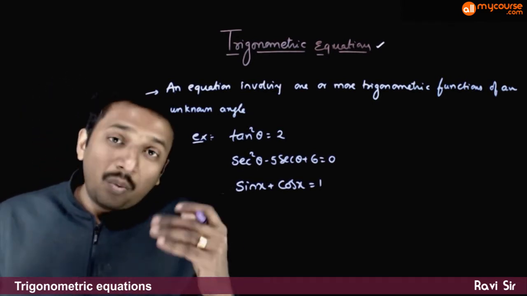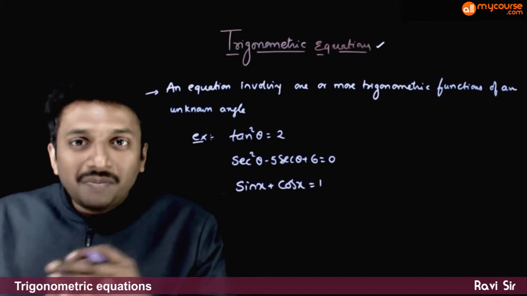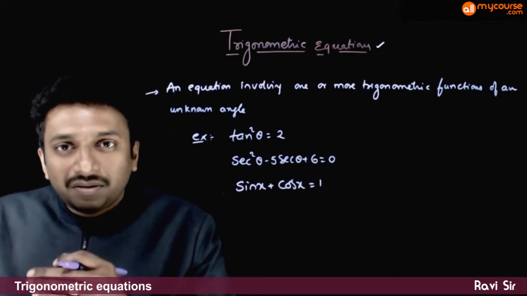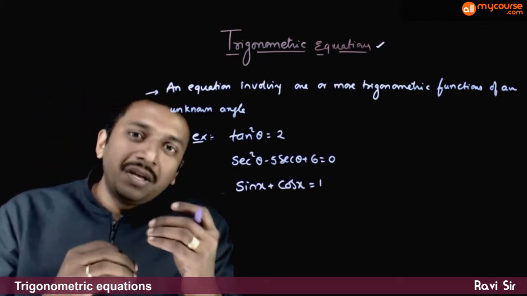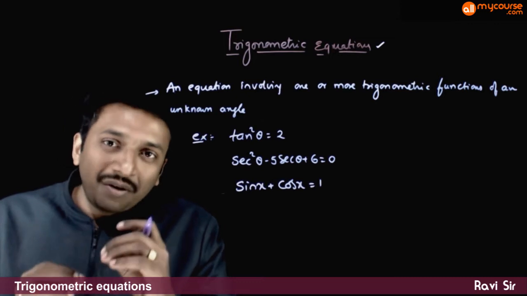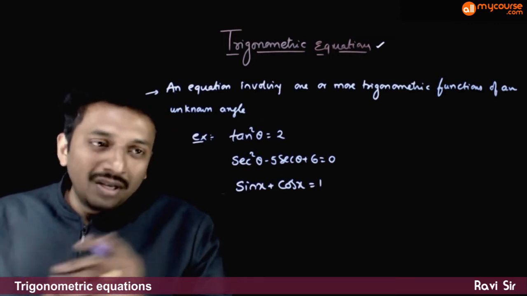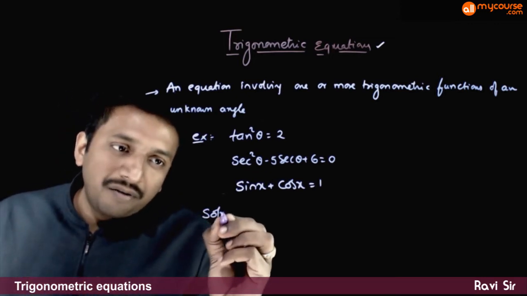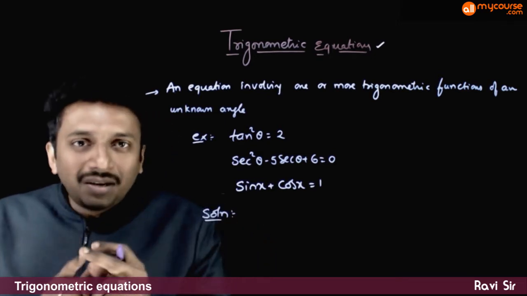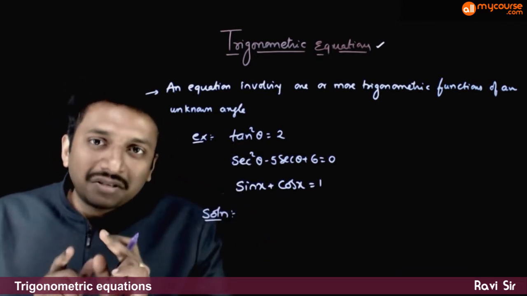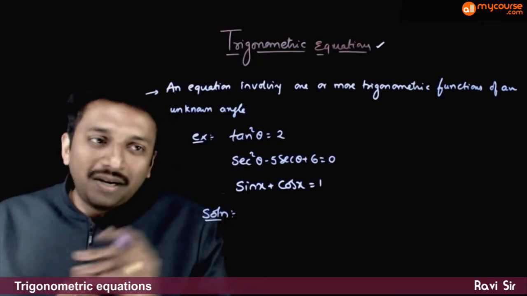This is a trigonometric equation in two trigonometric functions. Now, once the trigonometric equation is given, you'll be asked to solve it. So what is the meaning of solving this trigonometric equation? That means you need to find the solution of this trigonometric equation. The solution of a trigonometric equation is nothing but the values of theta for which this equation is valid.